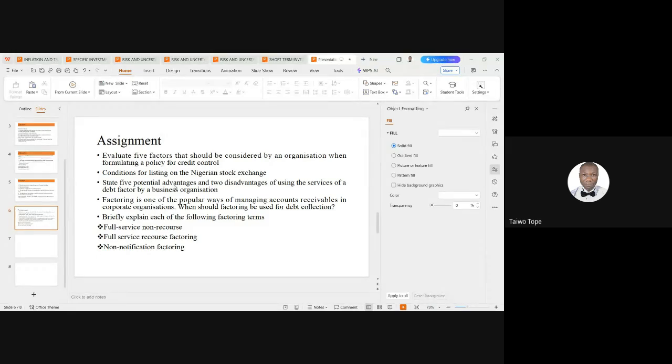Which is the next thing? Cost of capital. We'll be looking at the dividend growth model. We'll be looking at systematic and unsystematic risk. All these are very important. I have my slides already that I use for SFM class, so they are all related to this. So that will not be an issue.